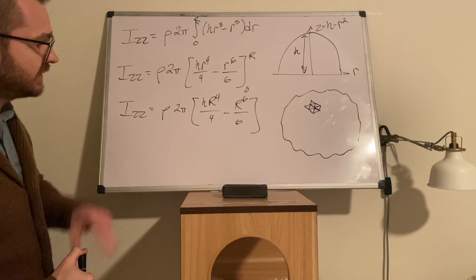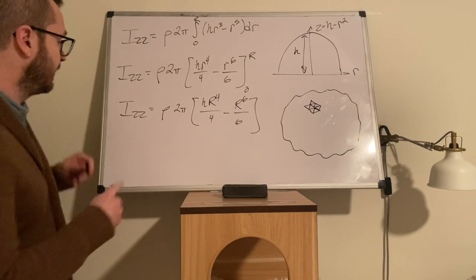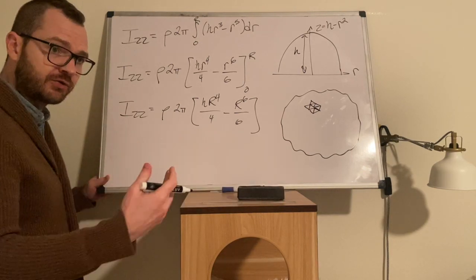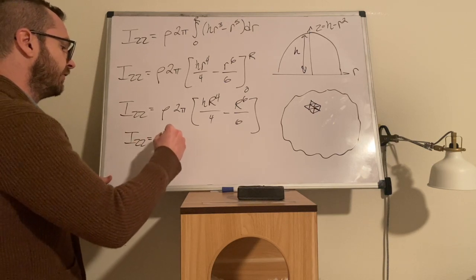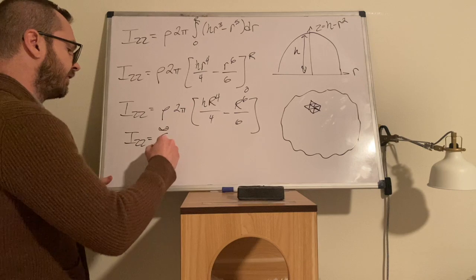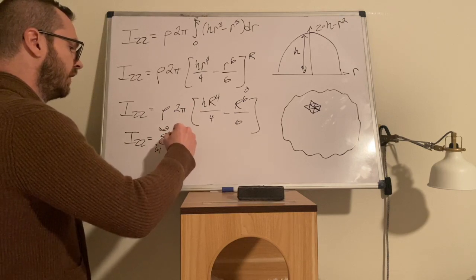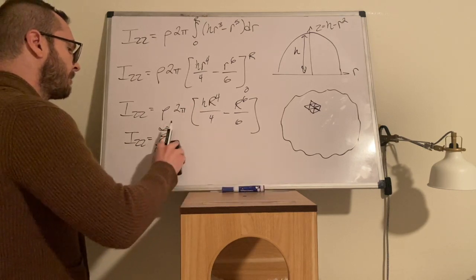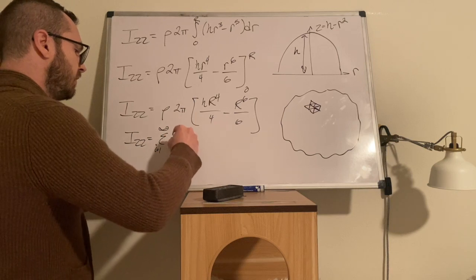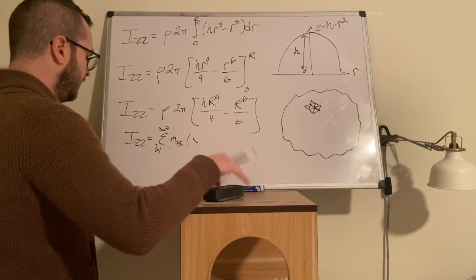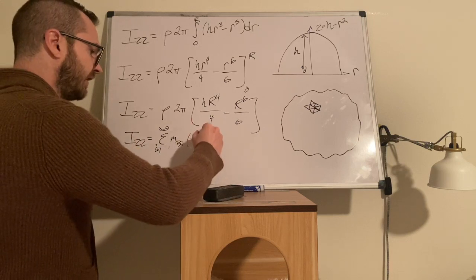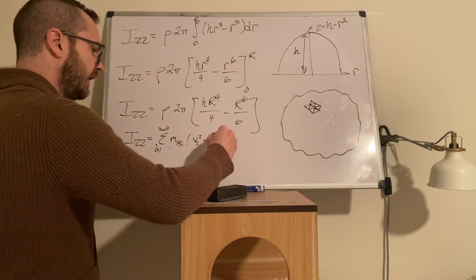And then what it will actually do to find these is go back to the discrete definitions where we said Izz is equal to, and we said the discrete form of this was the sum of m_i times, since we're doing about z, x_i squared plus y_i squared.